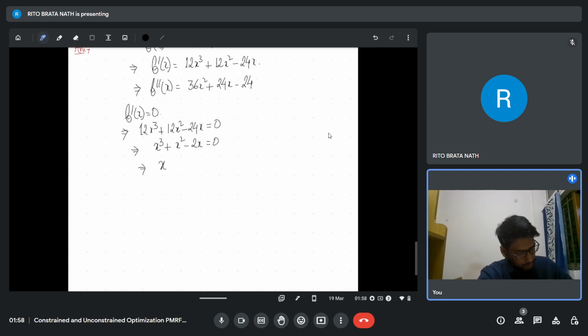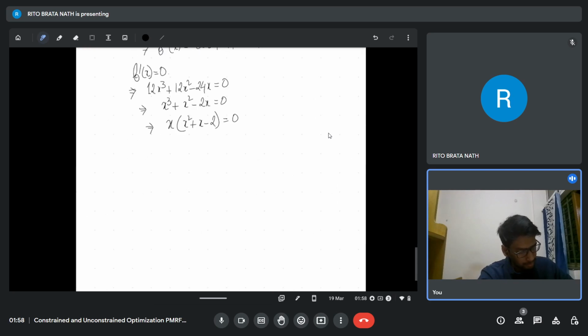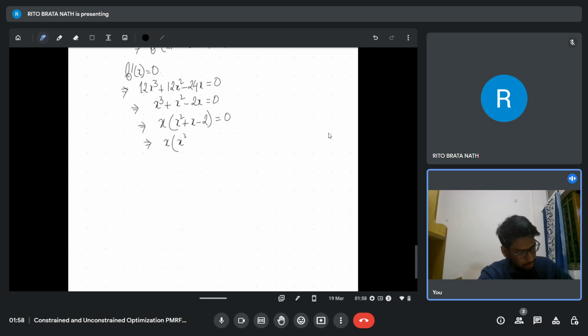It will be x times (x square plus x minus 2) equals 0. And this can be written as x squared plus 2x minus x minus 2 equals 0. It will be x times (x plus 2) and (x minus 1) equals 0. So x equals 0, 1 and minus 2 are the stationary points.